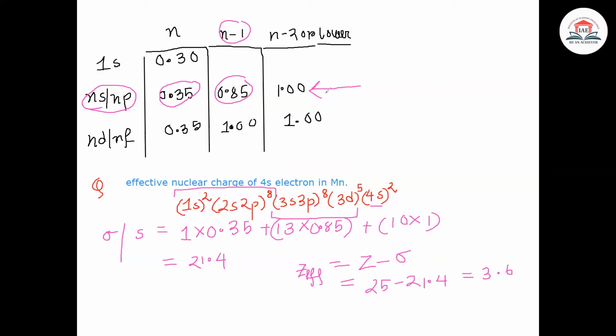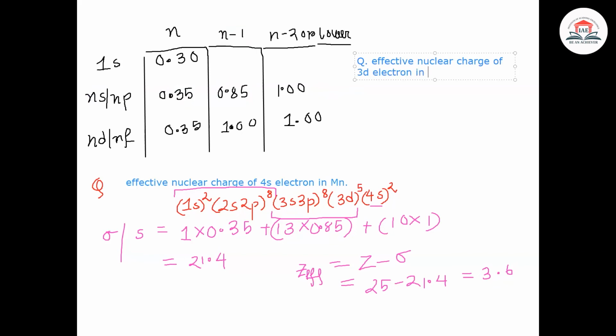Can you do it? I'll write the question. Wait, I'm writing the question. Question is effective nuclear charge of 3D electron in chromium. ঠিক আছে?